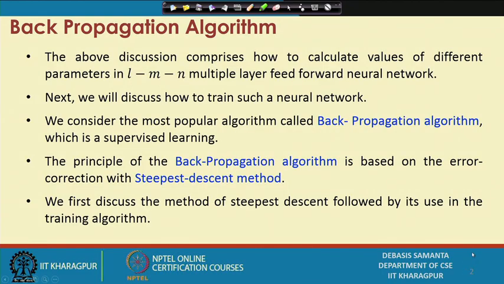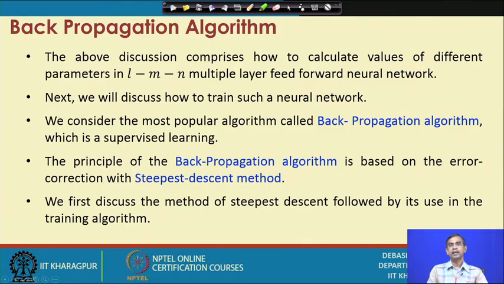The training algorithm that we are going to discuss is called the back propagation algorithm. It is the most popular neural network training algorithm, and it is based on the concept of supervised learning. In this algorithm, the basic concept followed is error correction.